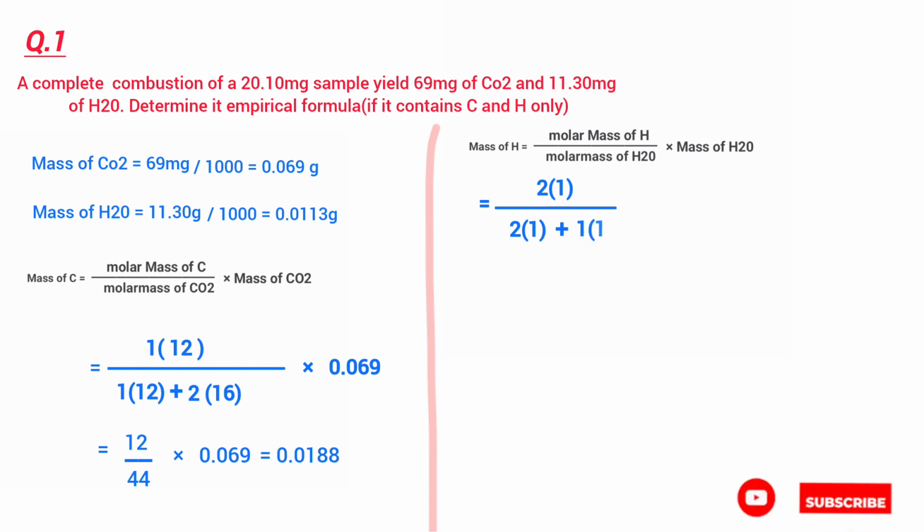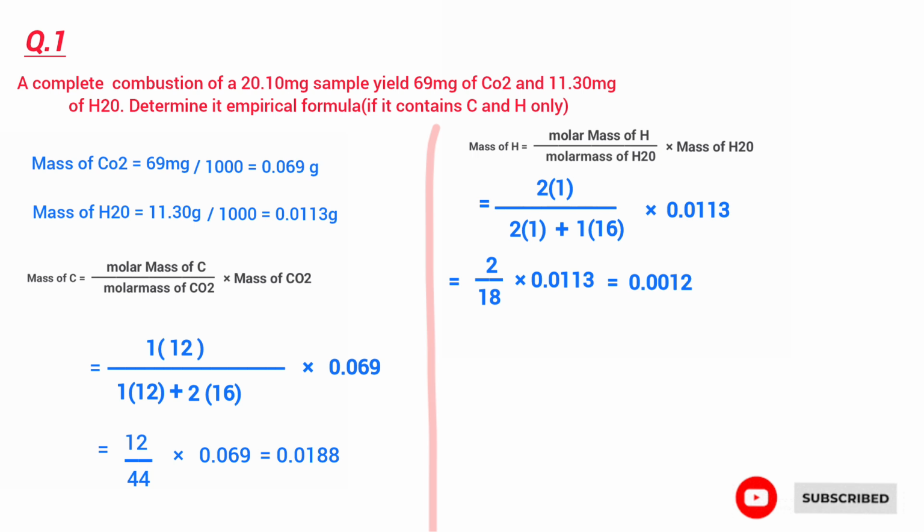So this is 1 times 16. Now, from our question, we are given the mass of H2O as 0.0113. Solving this, we have 2 over 18 times 0.0113, and this gives us 0.0012.